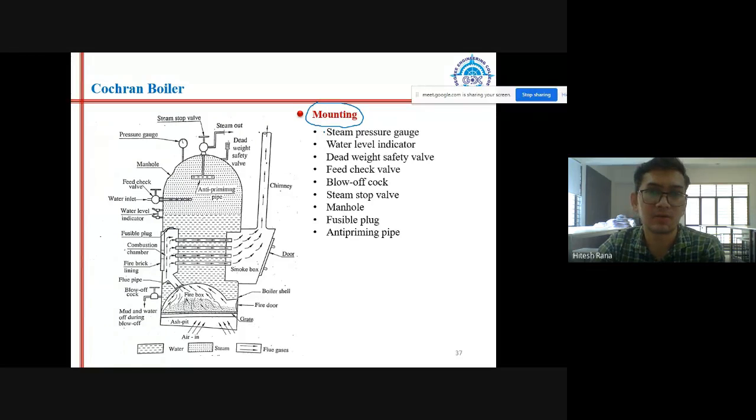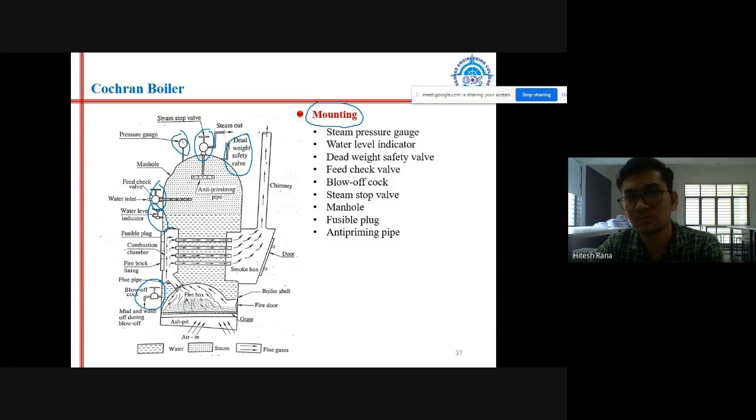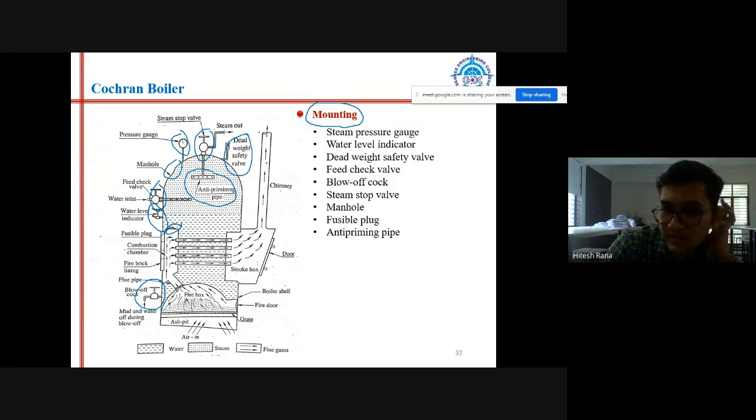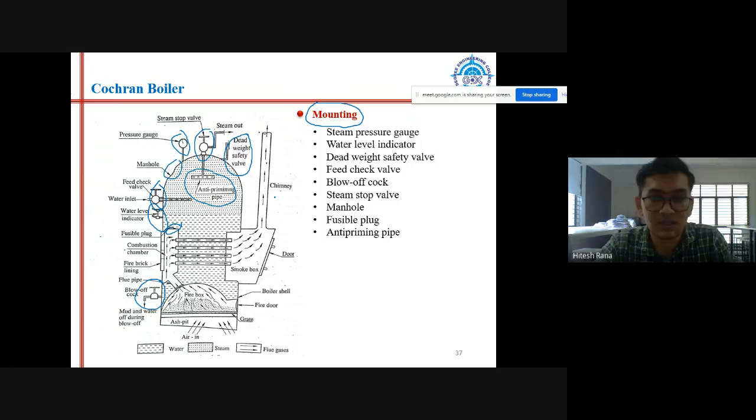Okay, these are the mountings: steam pressure gauge, water level indicator, deadweight safety valve, feed check valve, blow off cock, steam stop valve, manhole, fusible plug, and anti-priming pipe. These are the different mountings and accessories used in Cochran boiler. And I just explained you the use of each and every component, what they are doing.